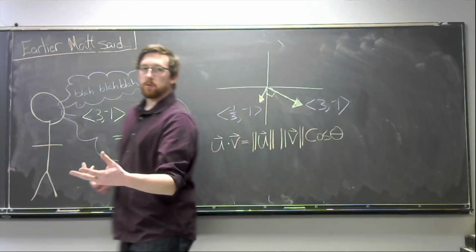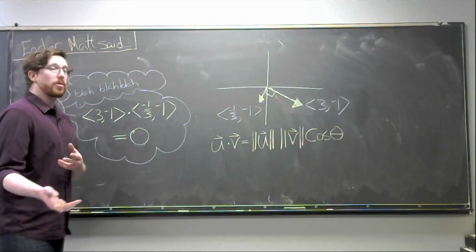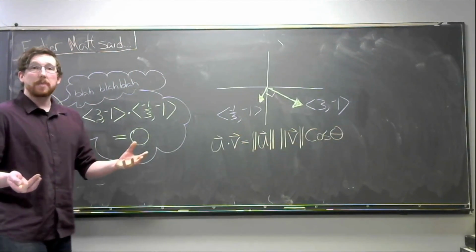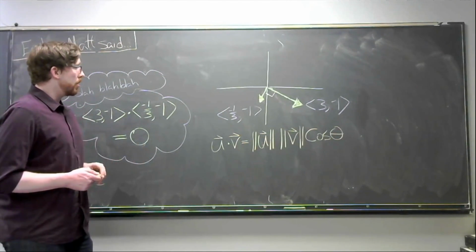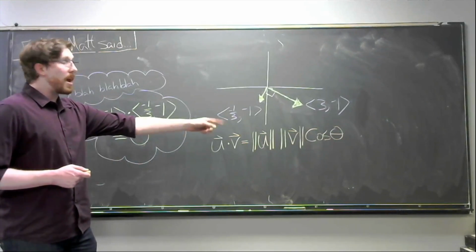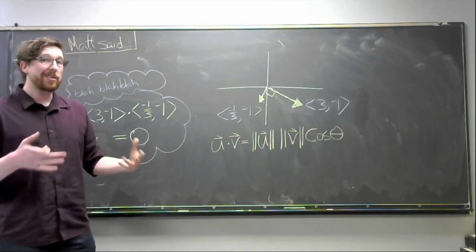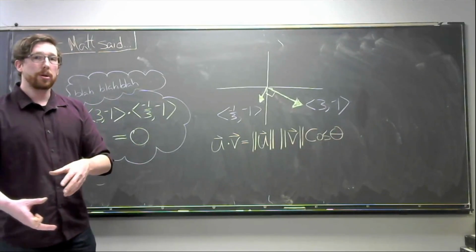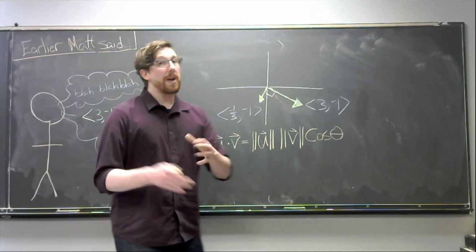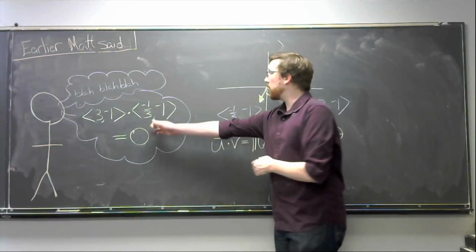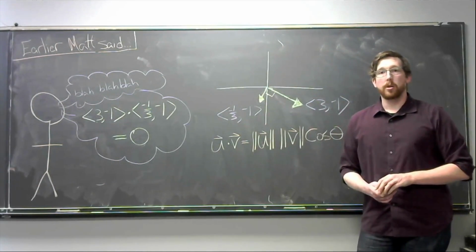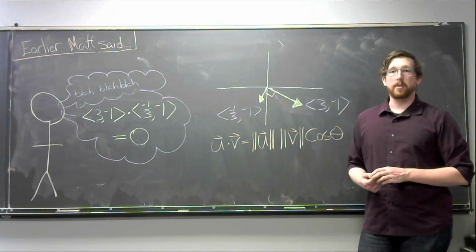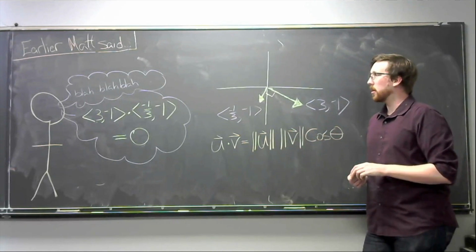Well, what happens when theta is 90 degrees? Well, cosine becomes 0, right? So whenever the angle between two vectors is 90 degrees, their dot product will be 0. Or vice versa. Whenever the dot product of two vectors is 0, the angle between them will be 90 degrees.